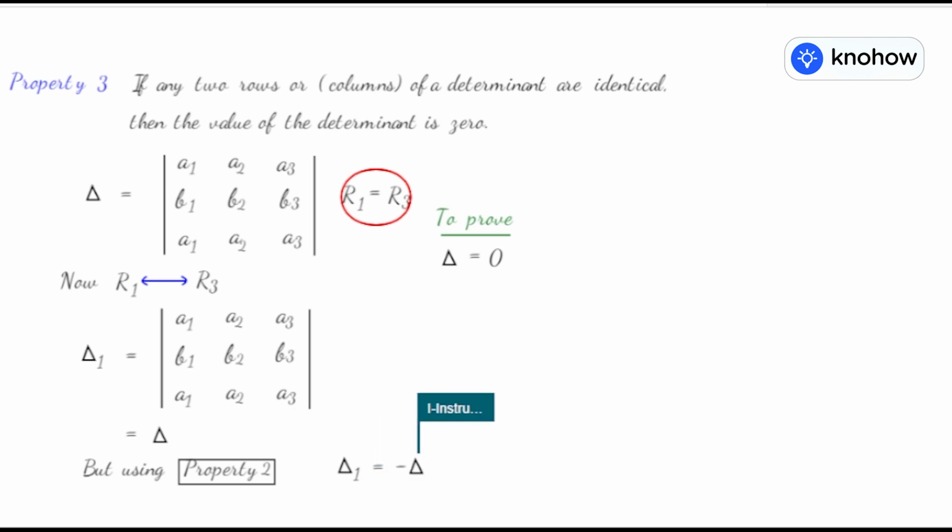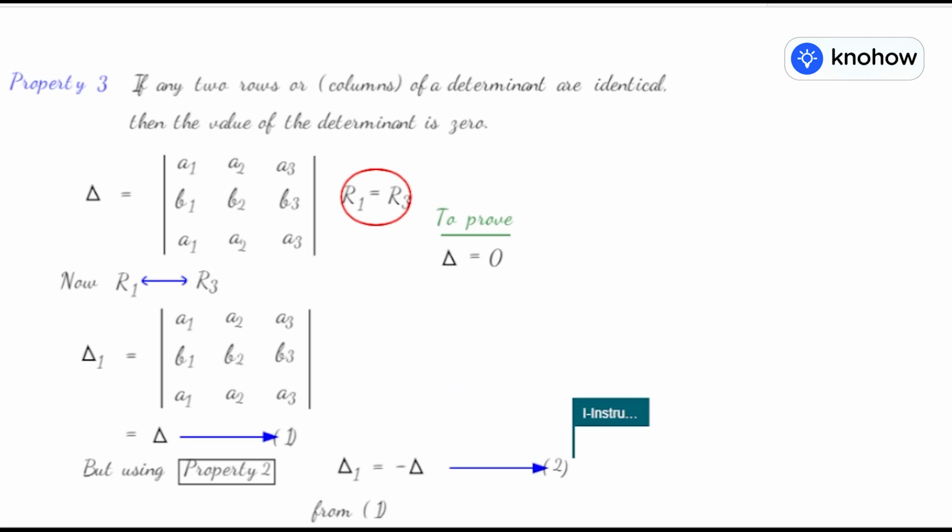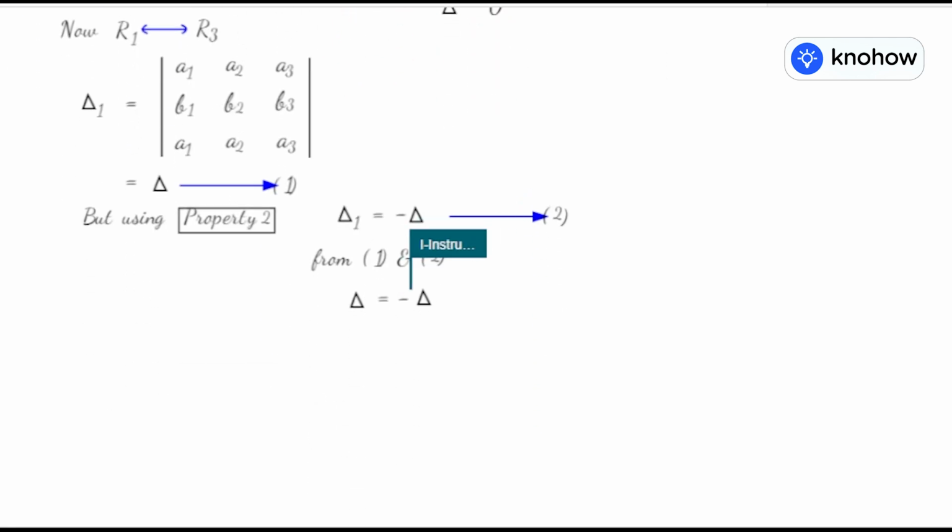If you interchange the rows or columns, then this new determinant delta 1 should be equal to negative delta, the sign should change. So from 1 and 2, if any two rows or columns are identical, on one side it remains the same, on the other side using the property it should become negative delta. So delta equals negative delta, or 2 delta equals 0, or the value of the determinant has to be equal to 0.